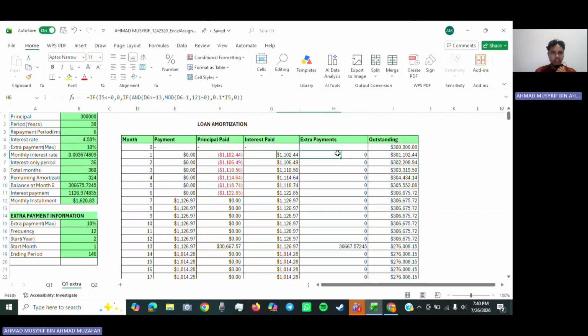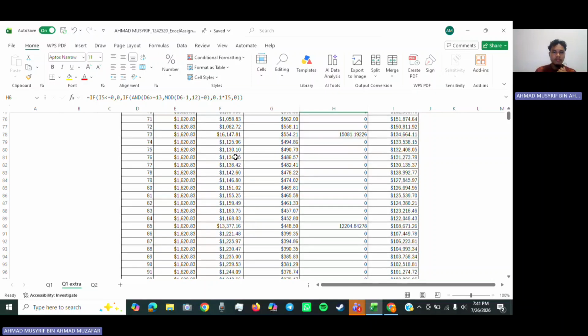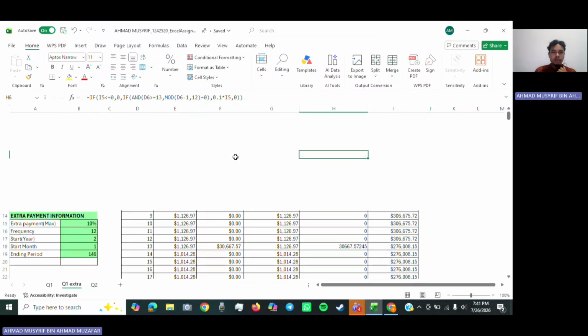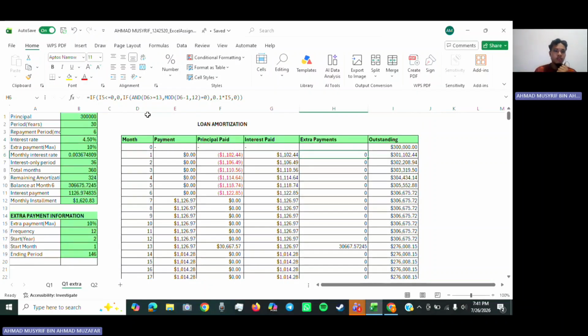For the extra payment formula, we use the IF formula. To make sure the outstanding balance doesn't come with a negative value, we use this formula: if the outstanding balance is 0, it will become 0.